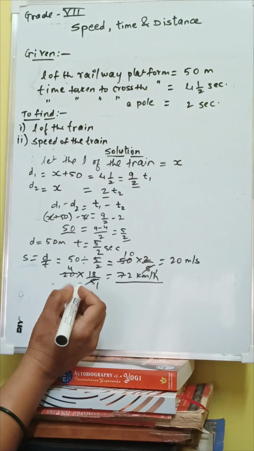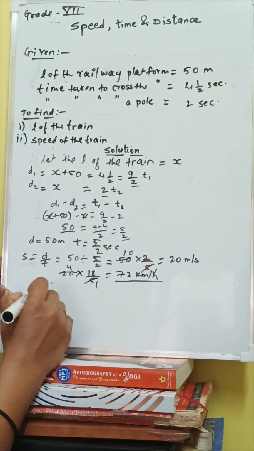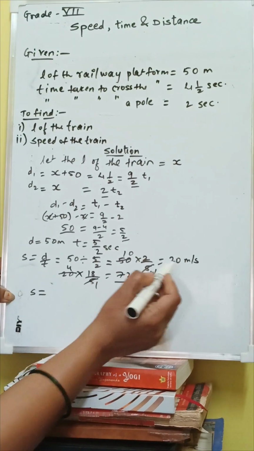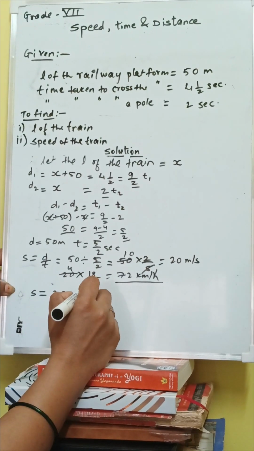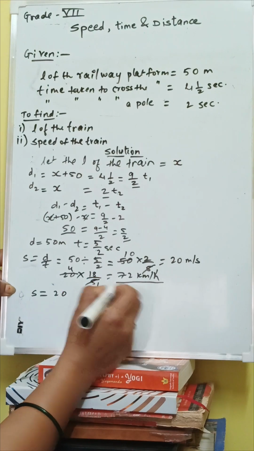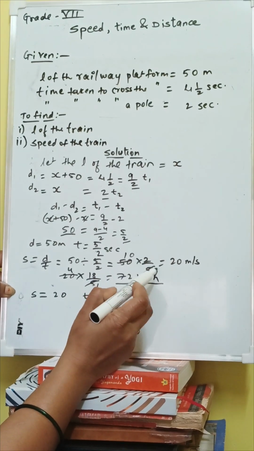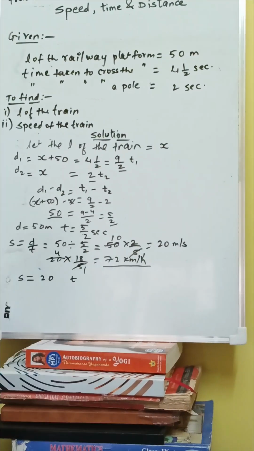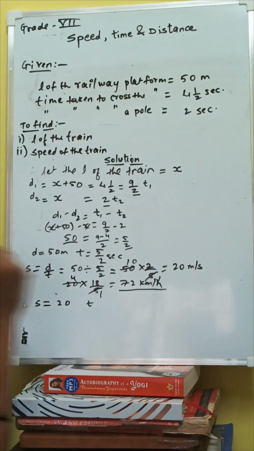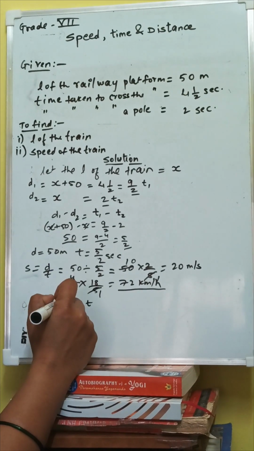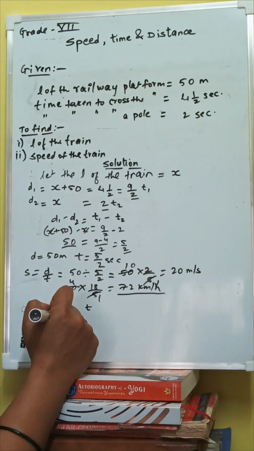Now we are supposed to find the length of the train. Speed is 20 meters per second.